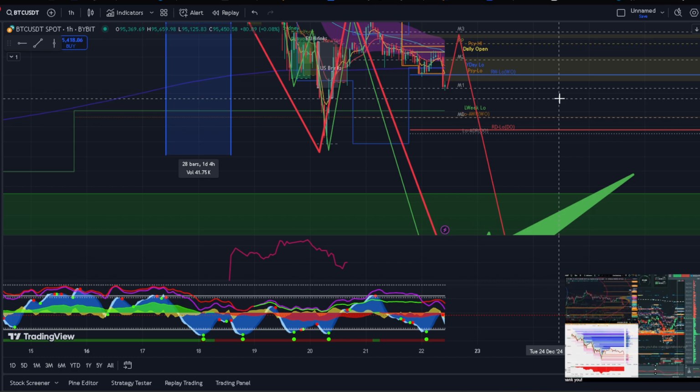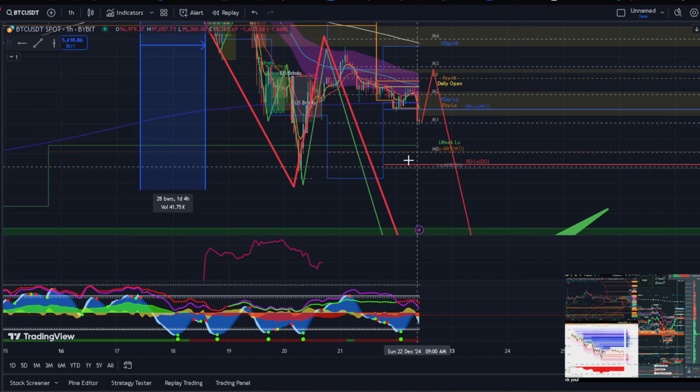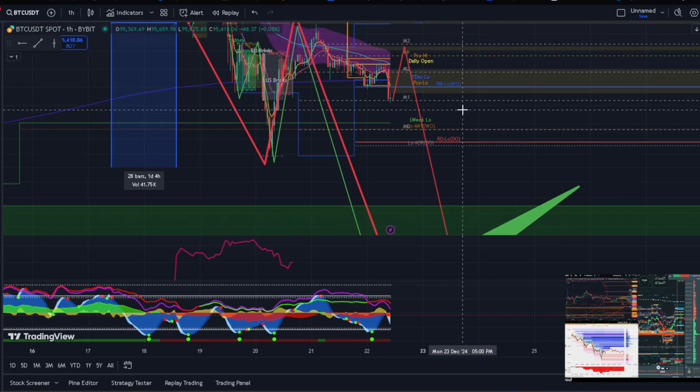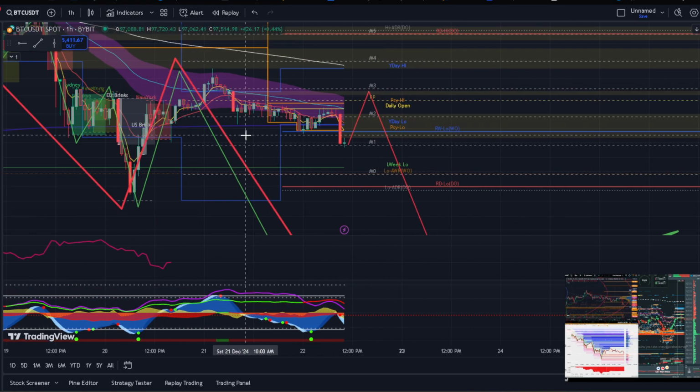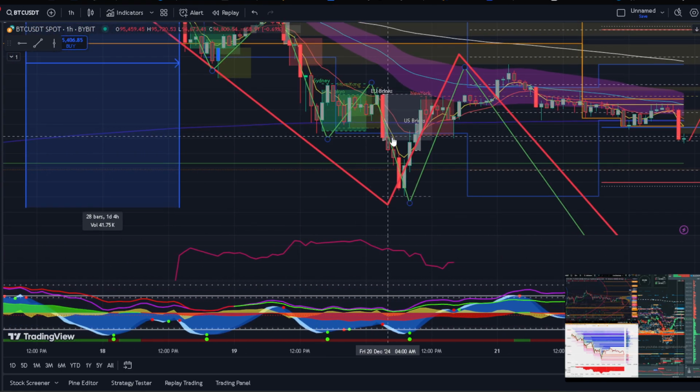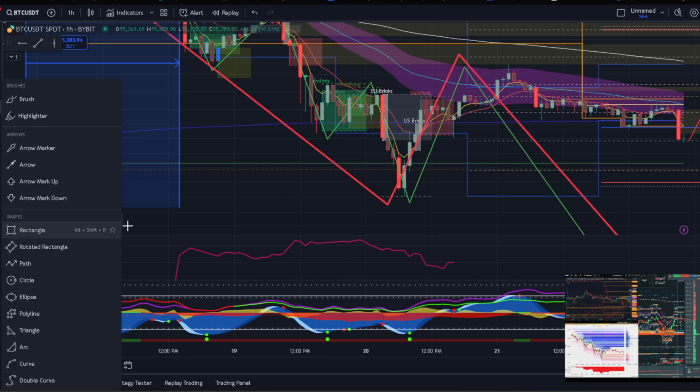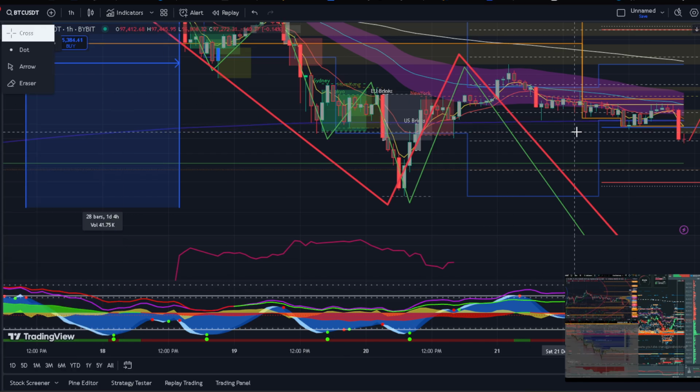That would be around here because it's coming into Monday. So generally you want to see these green boxes right here. See how it says Tokyo and Hong Kong? You want to mark off Tokyo and Hong Kong, see their highs and lows, and see how it reacts the next day.